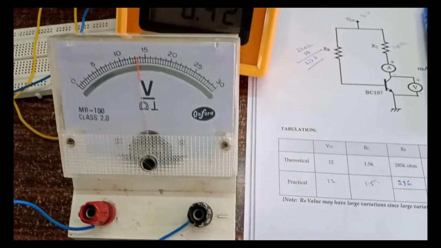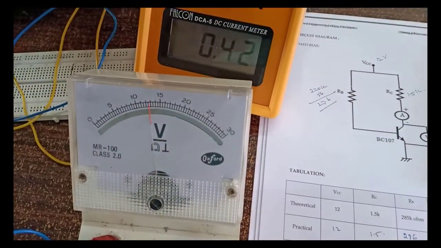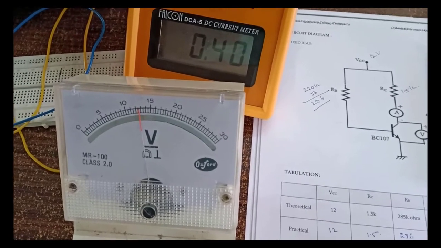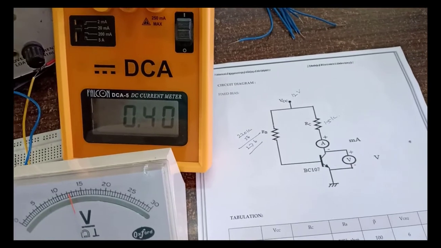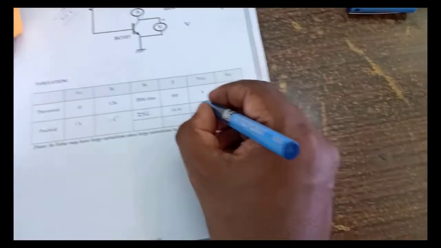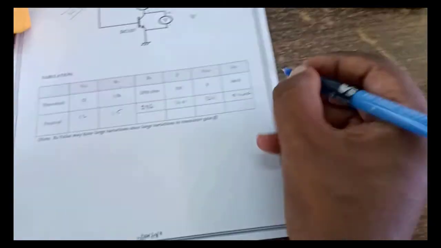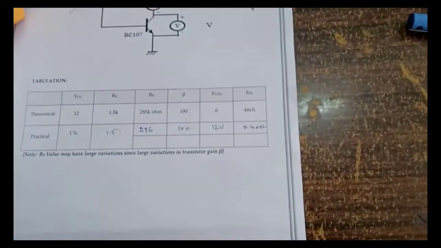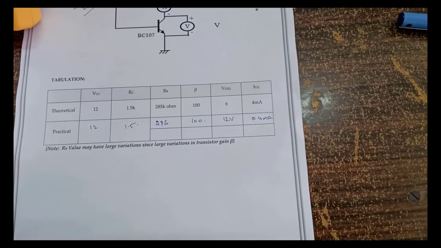But here the voltmeter shows almost the saturation stage, 12, and the ammeter says 12.4 milliamps.